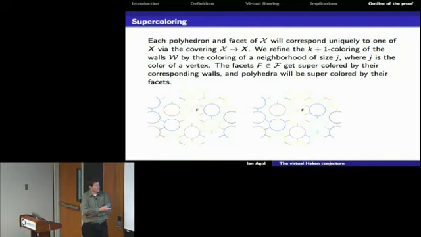There will also be a probability that this polyhedron, all the faces will be colored this way. So I can look at all the colorings of this polyhedron that induce this color on this face, and all the colorings of this polyhedron that induce the coloring on this face. And the sum of those probabilities here that give this coloring will match up with the sum of the probabilities here that give this coloring.